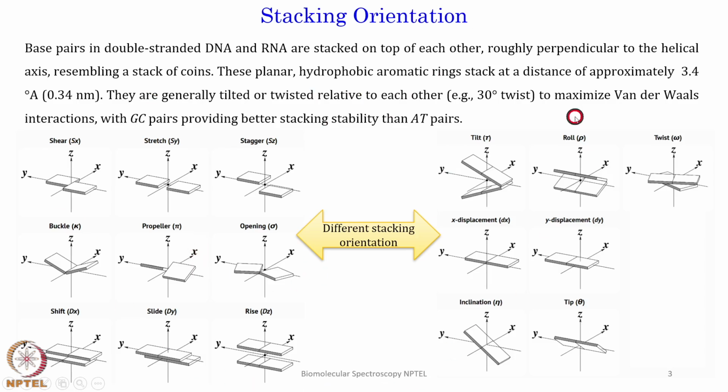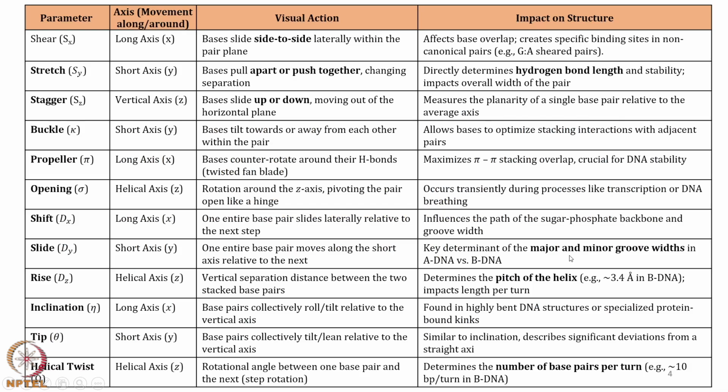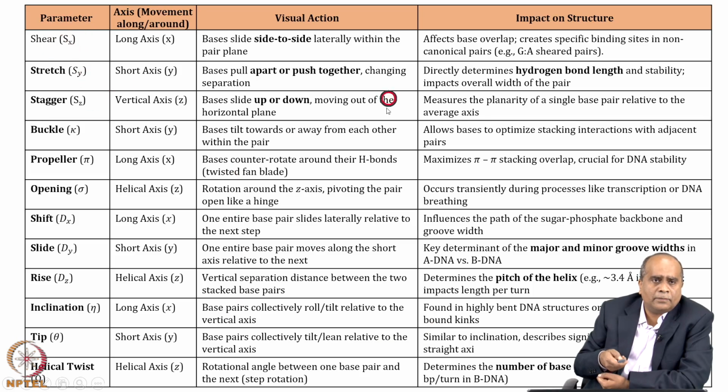So, these are possible base stacking orientations that you can think of in double stranded nucleic acid. Some of those you can look at in detail. Shear is along the long axis, stretch along the short axis.